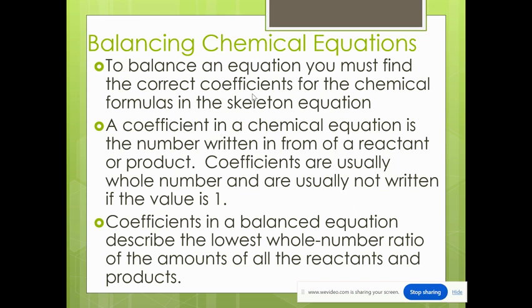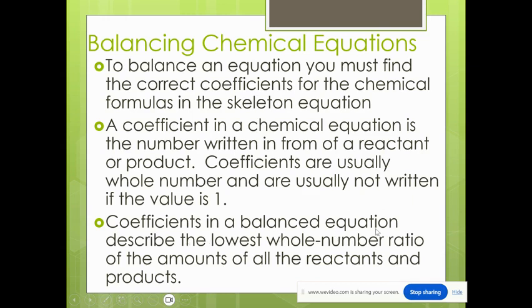All right, now, in order to balance these equations, you have to find the correct coefficients. The coefficient is the number in a chemical equation that's written in front. We don't write ones.